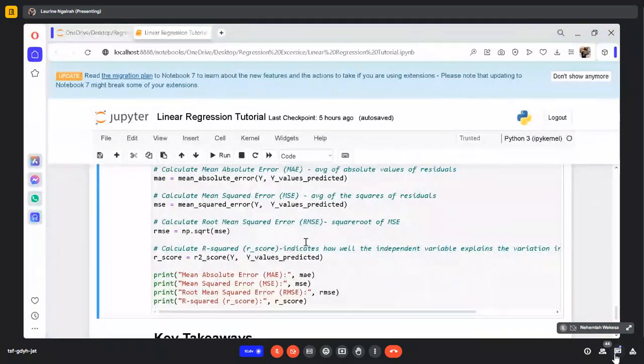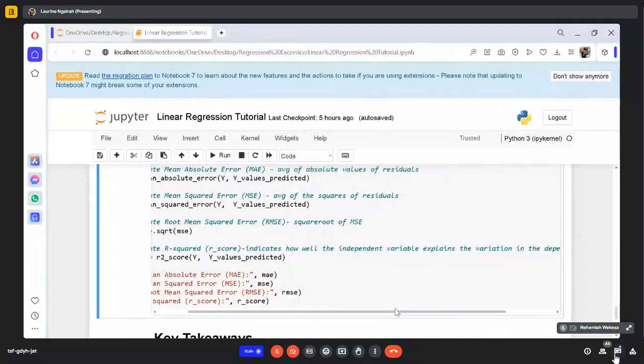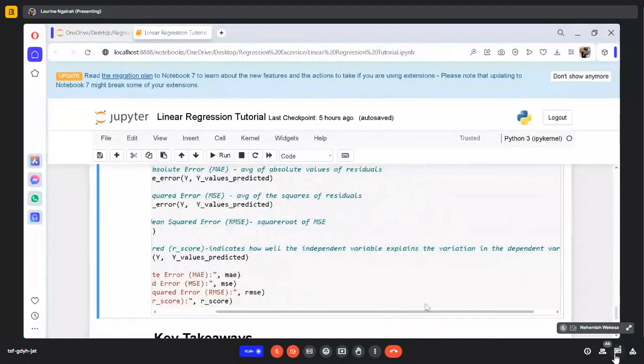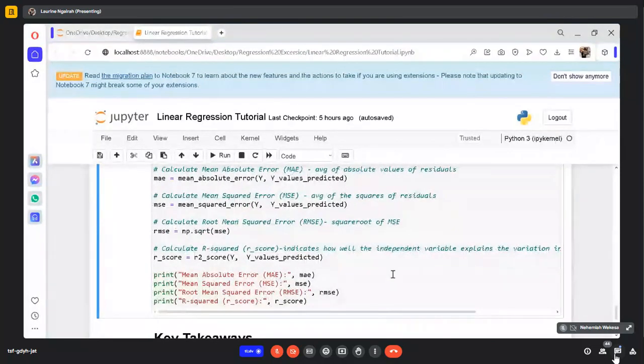Then we have our root mean squared error, which is basically the square root of the MSE. So the lower, again, the better. Then we do our R squared or R score, and it basically indicates how well the independent variable explains the variation in the dependent variable. Any questions?